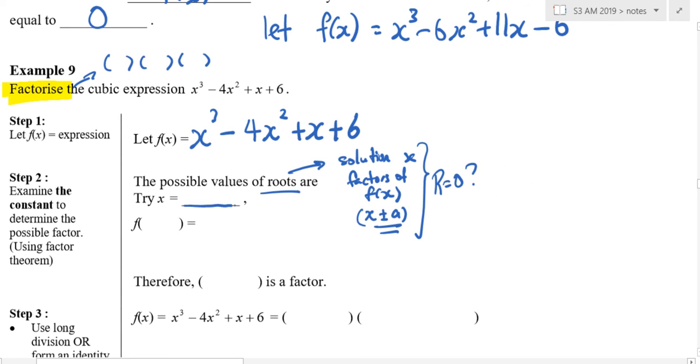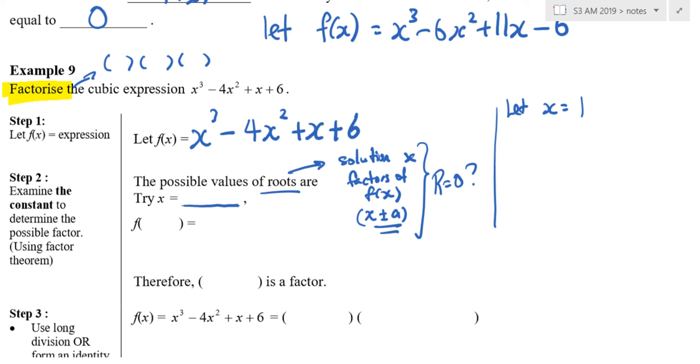So can we try, notice I don't write here, let x equal 1? Can you try x equals 1? 1 minus 4. Yes. Okay, I tried a wrong demo. I want you to copy the wrong demo. x equals 1.